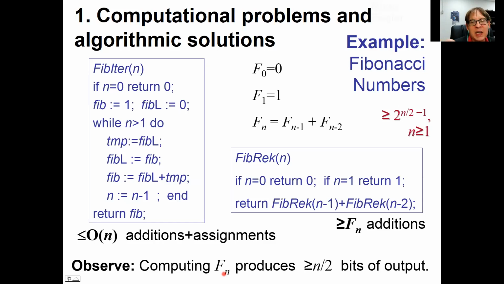We cannot have less than n bit operations for Fibonacci calculations. Why is that? Because simply calculating the last Fibonacci number Fn, remember that Fn has at least n over 2 bits of output. So any algorithm that outputs Fn, simply to output that, must have at least n over 2 bit operations, if we count bit operations.